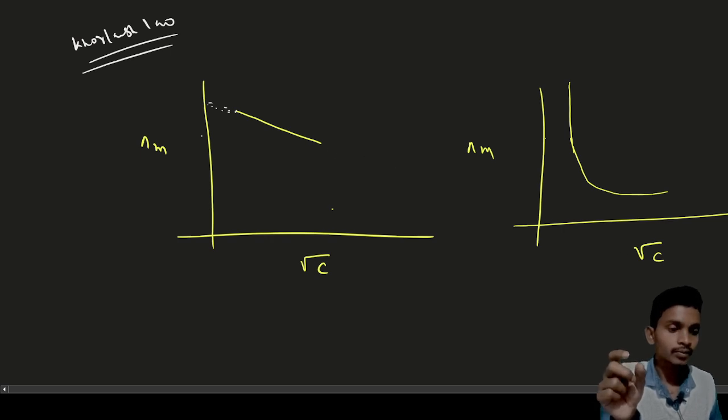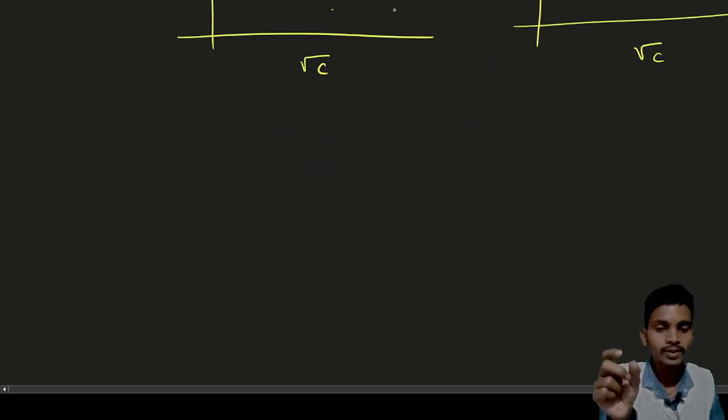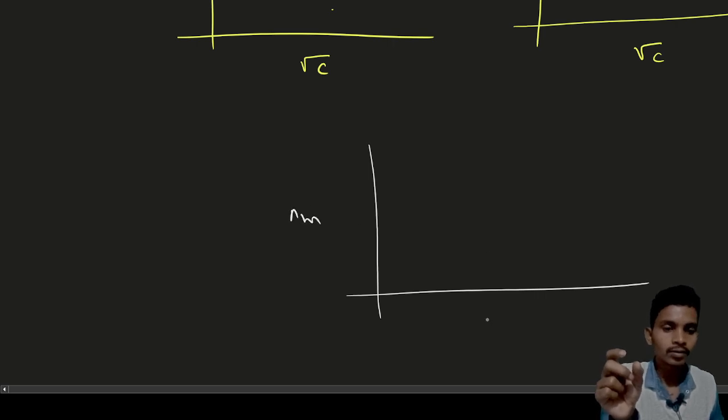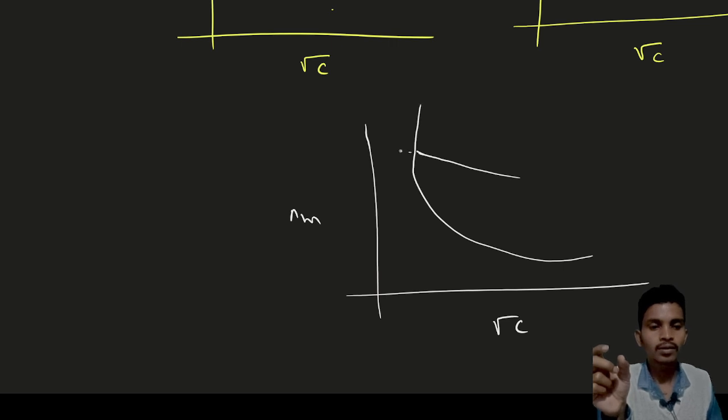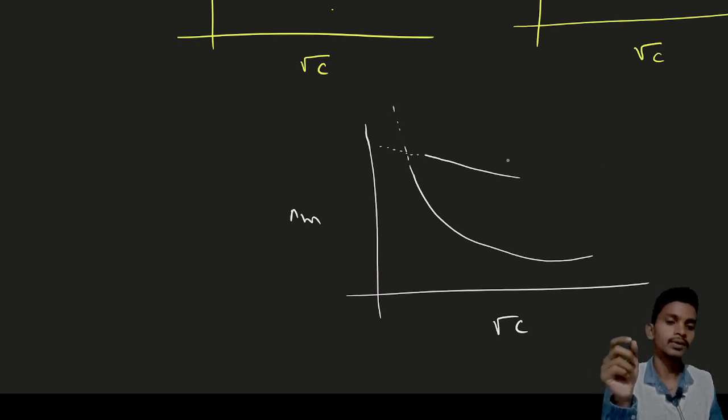So whenever we combine these two plots, this is the combination of strong electrolyte and weak electrolyte plots.